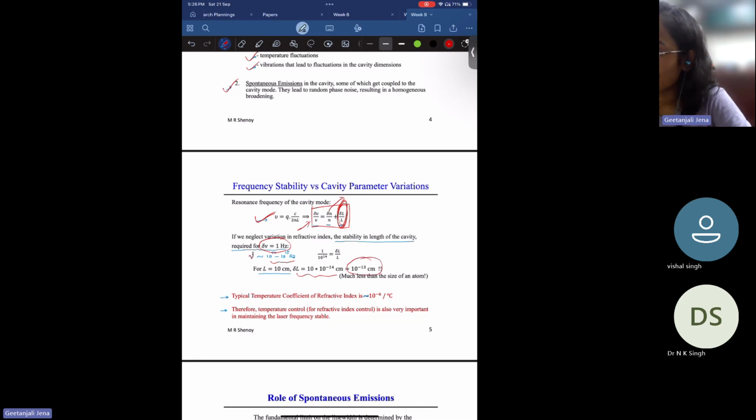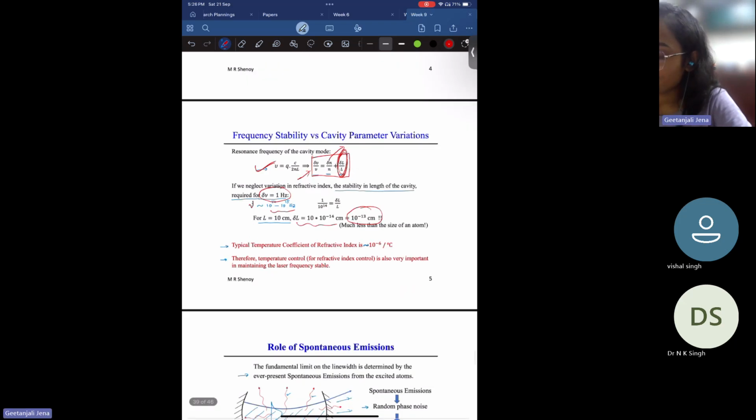So the variation in the length should be small so that the line width of the cavity mode is not affected. And the temperature, as I have said, also contributes to the line width.